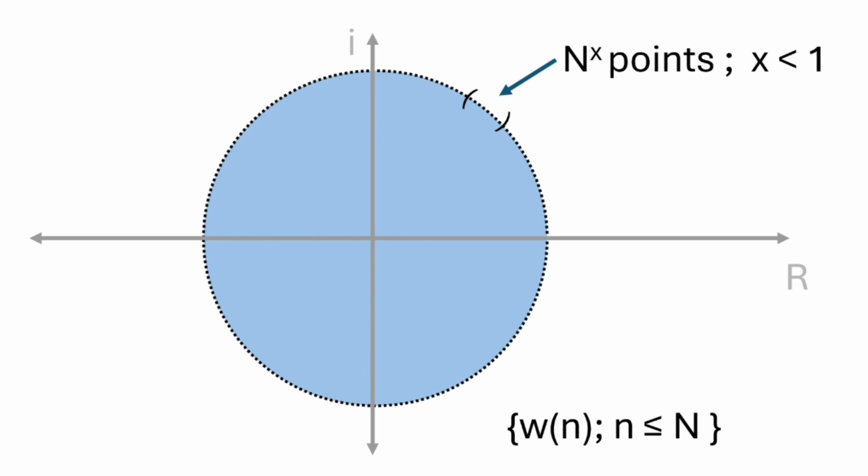But we want to show that if you give me an arbitrary interval and you give me a value of x less than 1, even if it's 0.999 or something, then I can deliver to you a number for N that is big enough that you'll find N to the x points in your interval, and then that remains true for all higher values of N. So that's the challenge.